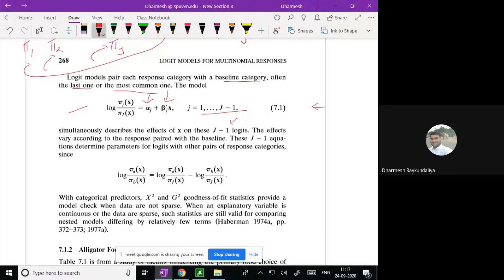So if there are J categories, J minus 1 logits are there, so you can have J minus 1 separate intercept terms and J minus 1 separate regression coefficient terms. Okay, that you have to remember here.